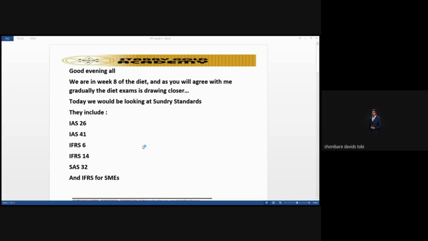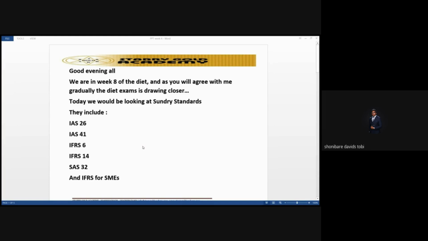Now I spoke about the fact that there are some particular biological assets that you can easily get their fair value, but some you cannot easily get their fair value. So what is the standard telling us to do when you cannot easily get the fair value of biological assets? For example, let's say you have a bearer plant, a moringa tree, and you're selling the produce, but there's no active market for moringa.